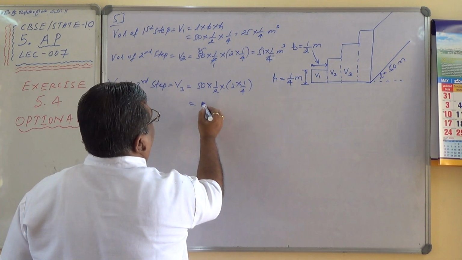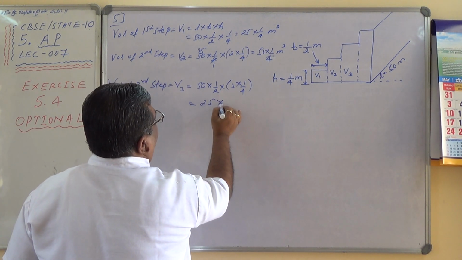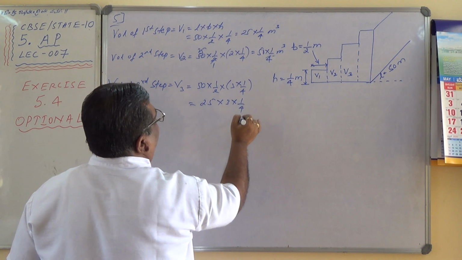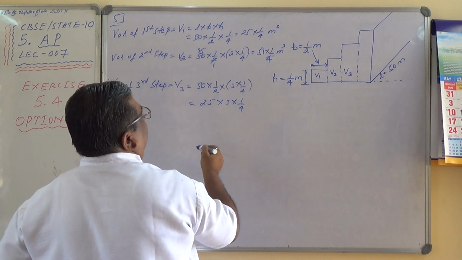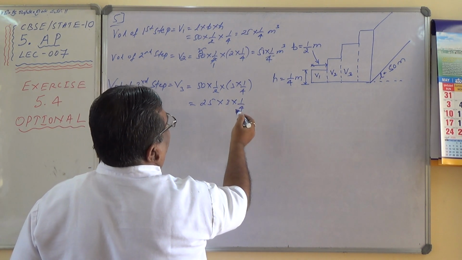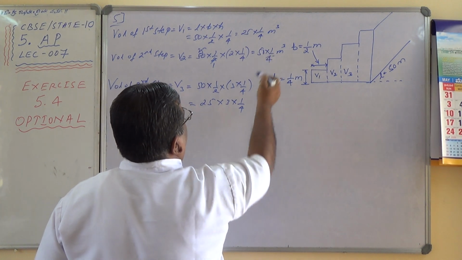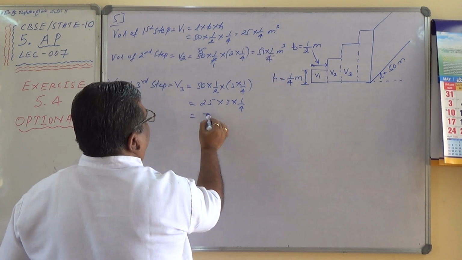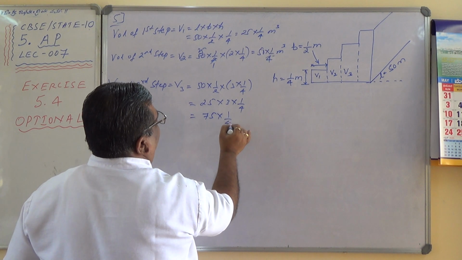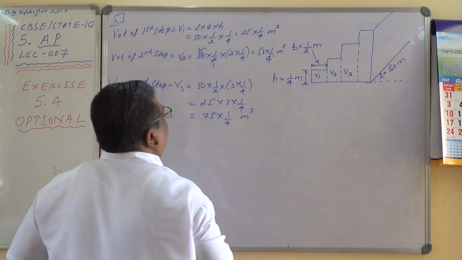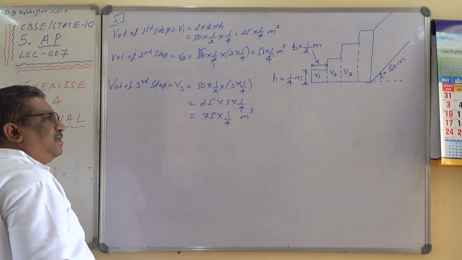So here it is 25 into 3 into 1/4, therefore 75 into 1/4 cubic meter, and it continues like this.